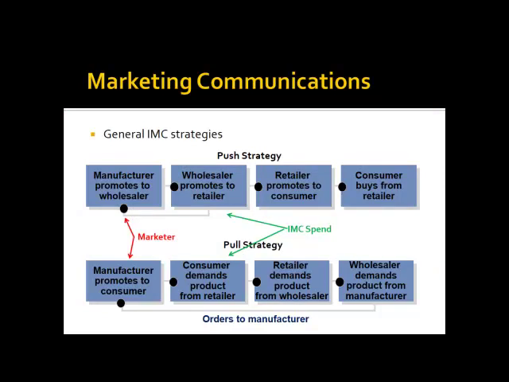The last thing we're going to discuss are the two general marketing communication strategies. One is a push strategy, which is reflected on the upper row, and the other one's a pull strategy. Now, imagine you're the marketer, and in your marketing channel, downstream from you in the supply chain, you sell to a wholesaler.